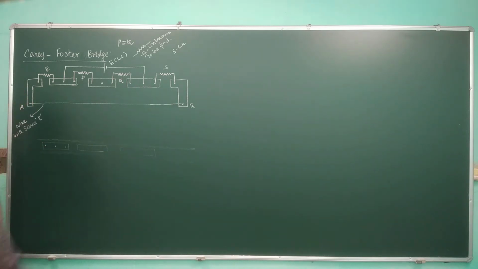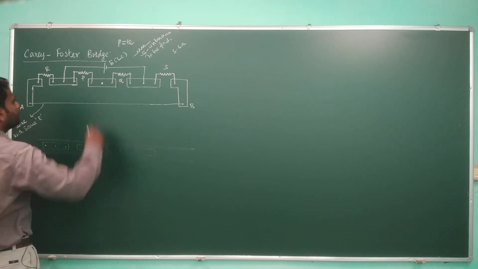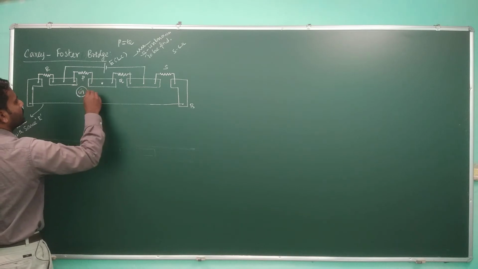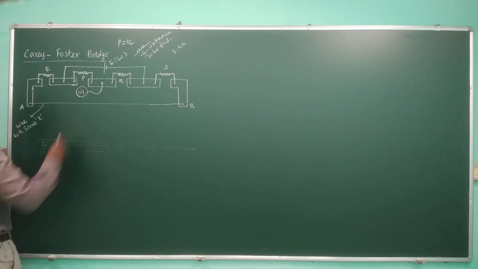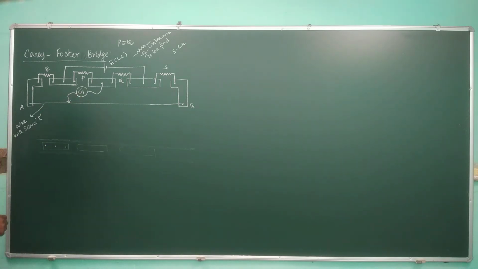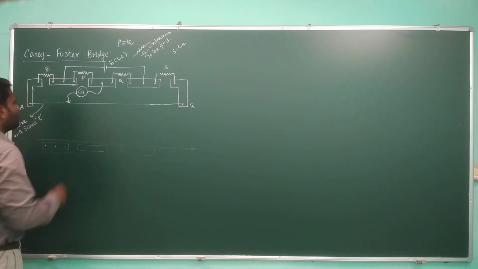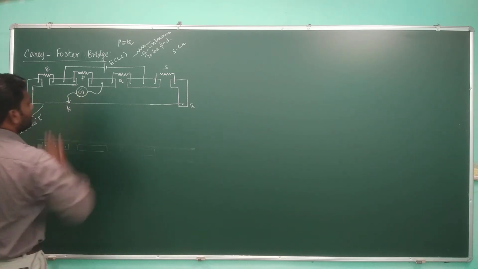Now what is remaining? Here a connector is remaining. Let's take a galvanometer. You connect this galvanometer here at one end, and the other end is connected to a moving key, which we can connect. Let's write this key as K. So this is the setup.